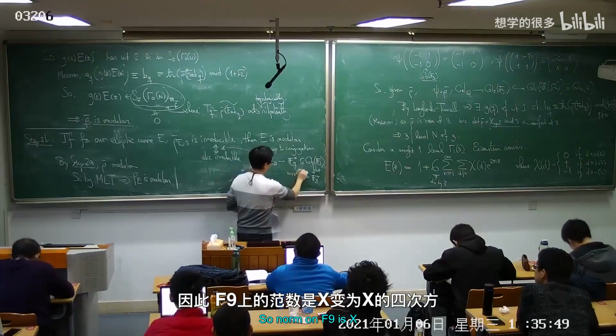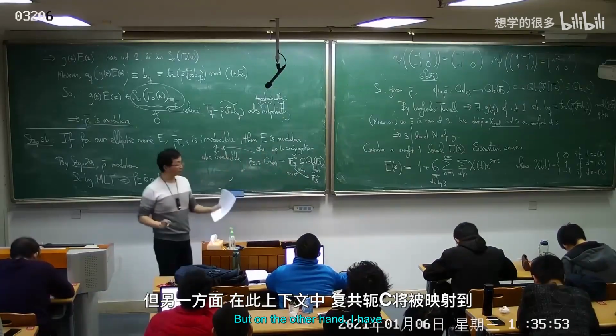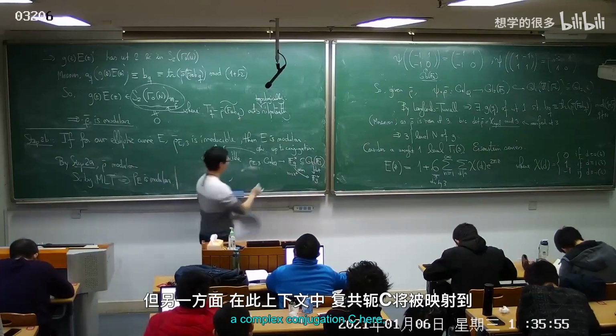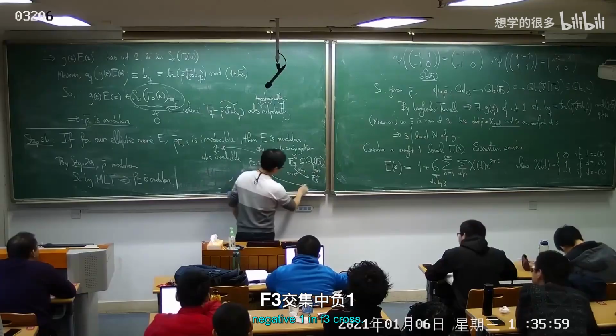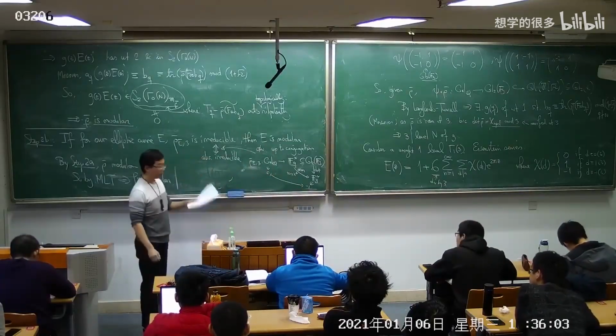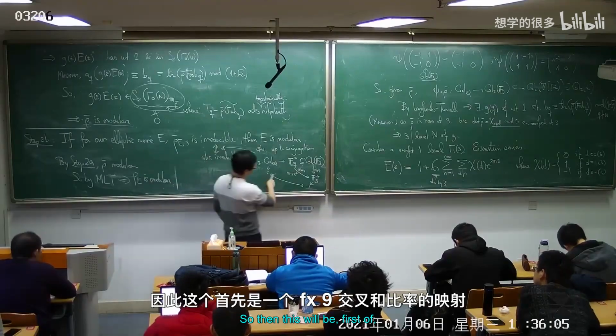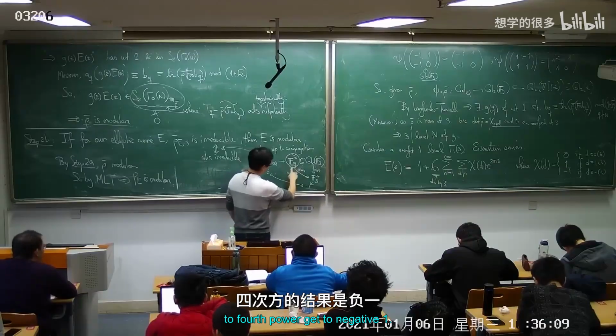So the norm on F9 is x goes to x to the fourth power. On the other hand, I have a complex conjugation C here, which I know will be mapped to -1 in F3 cross.